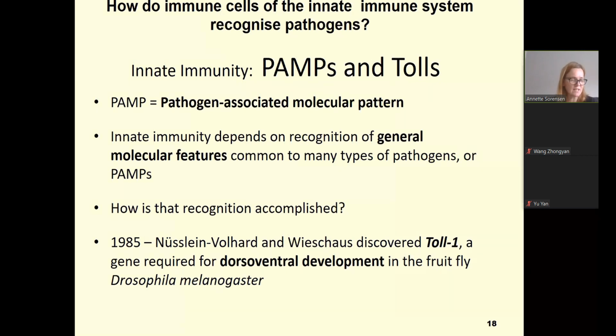Now, these are called pathogen-associated molecular patterns. These are patterns which can be recognized by immune cells. And the patterns are common to many types of pathogens.